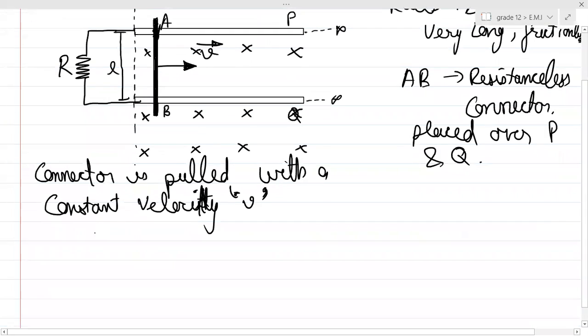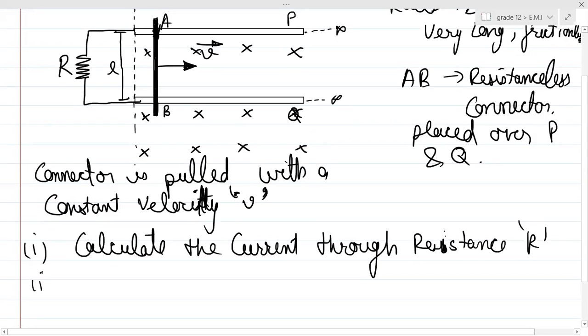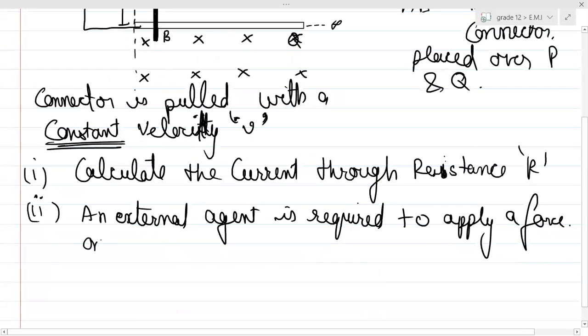So now the question is, first calculate the current through the resistance R. Second part: an external agent is required to apply a force on a conductor to move it with a constant velocity.